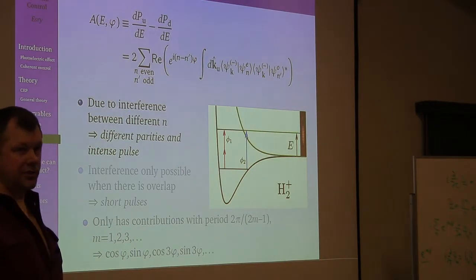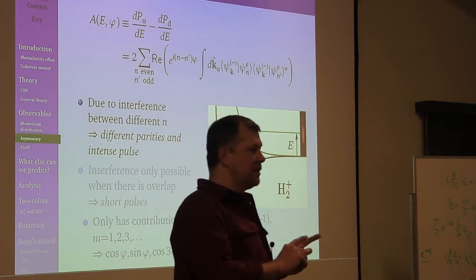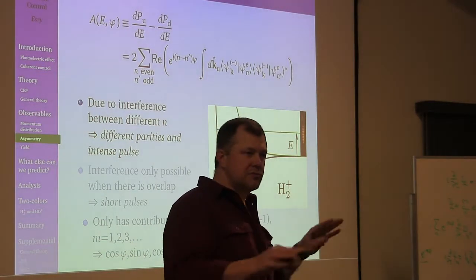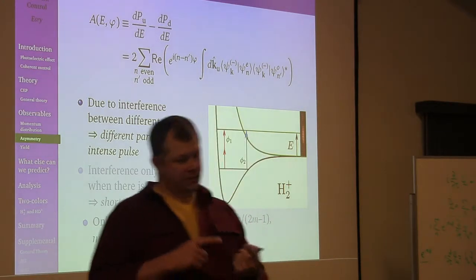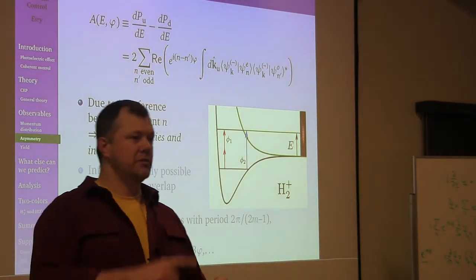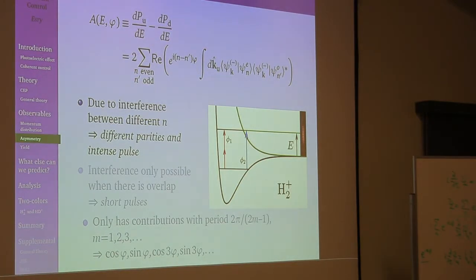When you have dissociation or ionization, because remember, I'm giving molecular examples, but there's no specific system specified here. So everything I'm saying applies to ionization, dissociation, dissociative ionization, everything. Ionized DNA if you want. This will give you the answer. And that's the power of it.